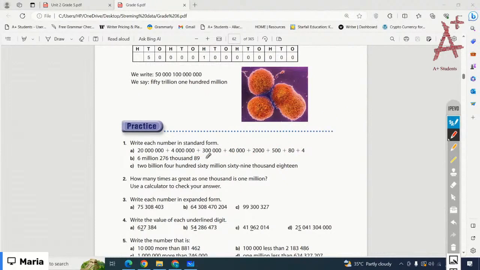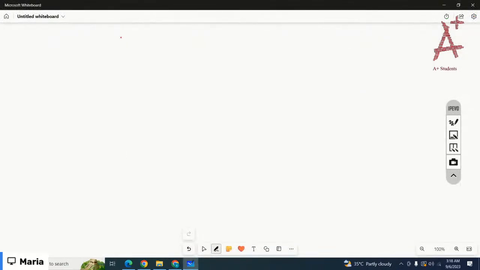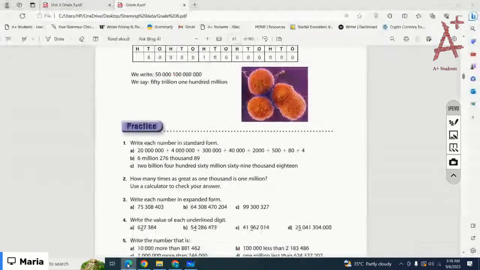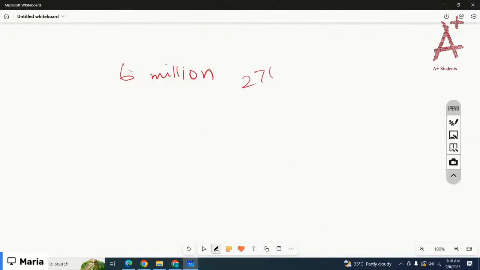Okay, let's look at the second one. 6 million, 276,089. 6 is at the millions position.